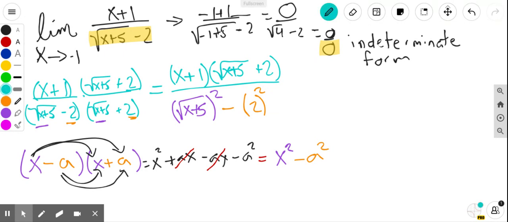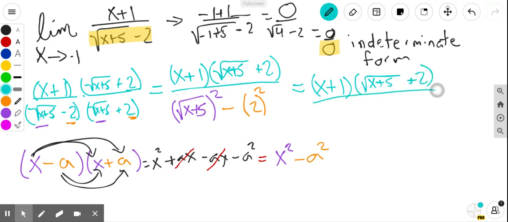All right. So when we do that, we end up with, in the numerator, still the x plus 1, because I refuse to distribute right now, times the radical x plus 5 plus 2, over, and in the bottom, when we square this radical x plus 5, the square root and the radical cancel out. So you just have an x plus 5 left.